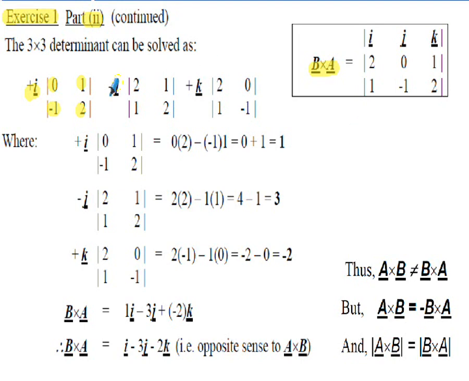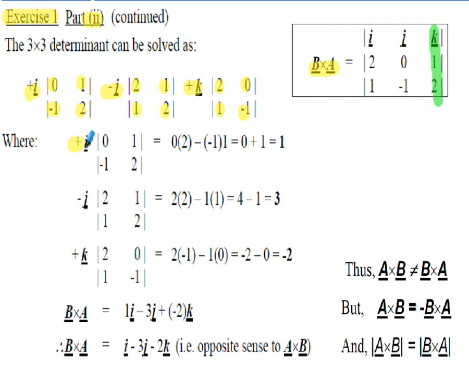To find the minus j determinant, the coefficients are going to be 2, 1, 1 and 2, and we find those by covering up the j column and reading the coefficients to the left and the right. And to find the plus k determinant, the coefficients are 2, 0, 1 and minus 1, and we find those by covering up the k column and looking at the coefficients to the left.